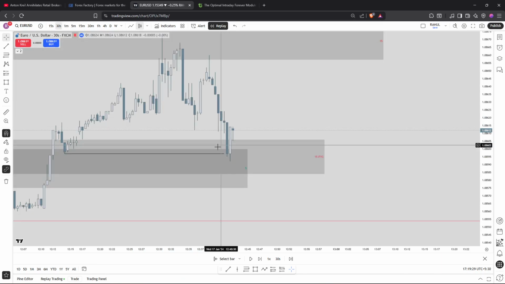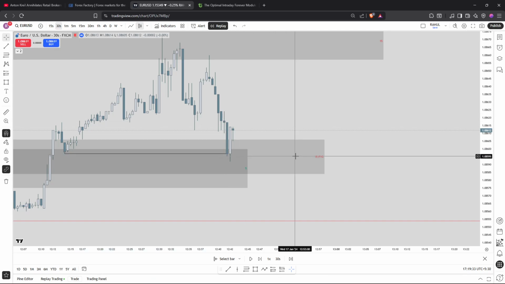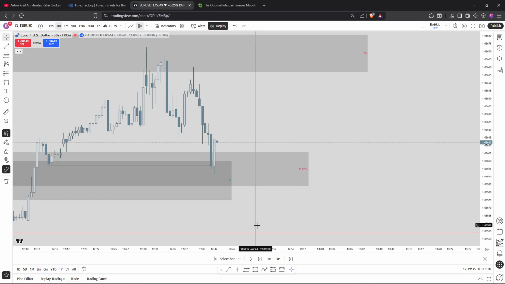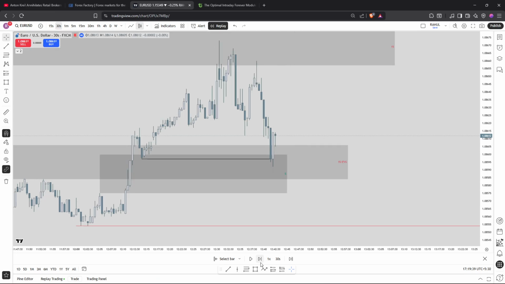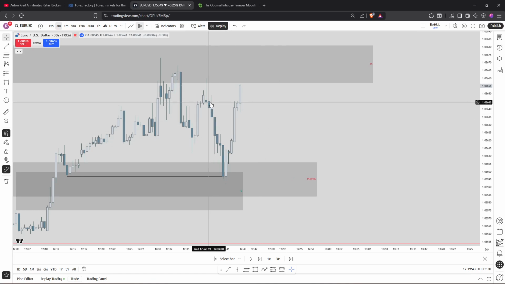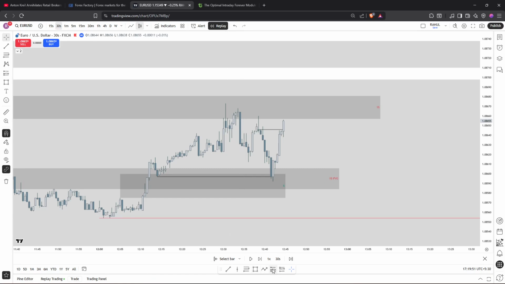On the lower time frame, here will be the entry. Nice momentum to the upside with retracement. Here we can see the entry here.